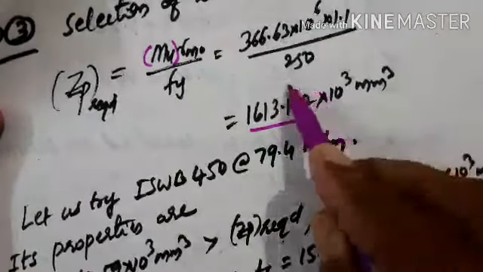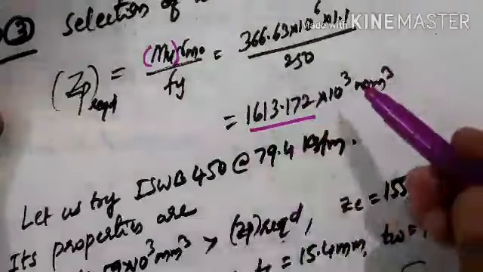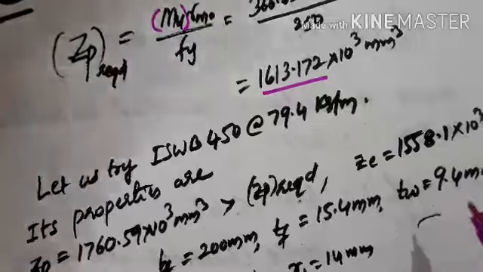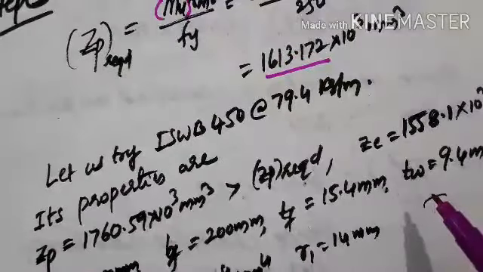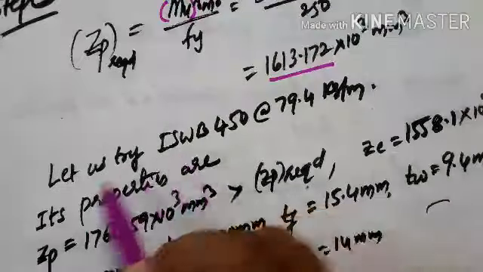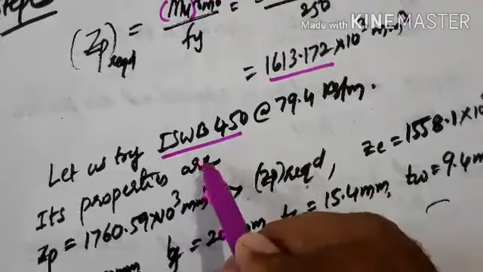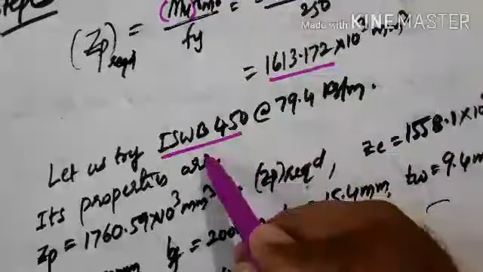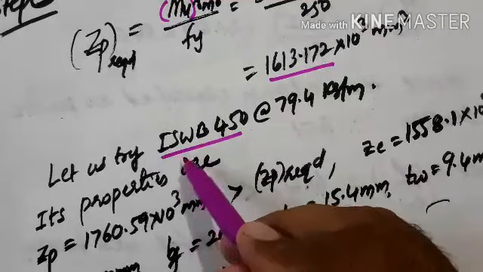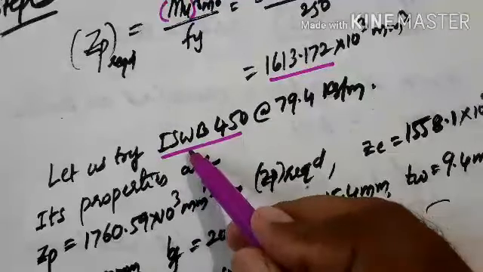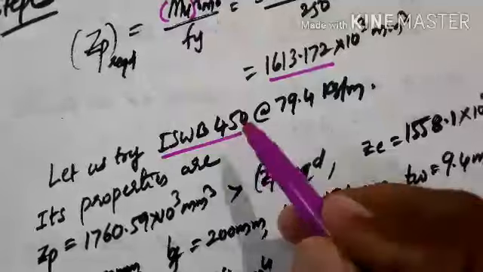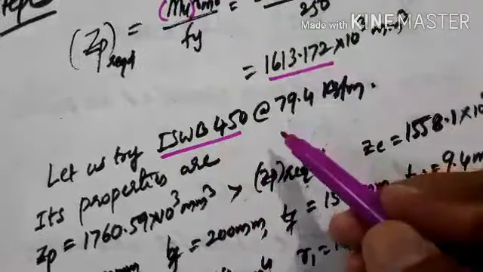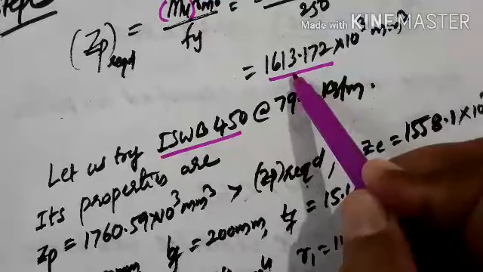Then for this much ZP, we need to select the section from the steel table or IS 800 2007 page number 138. In this case, let us try ISWB 450 at 79.4 kg per meter. Whatever section you choose should give a higher ZP value than the required.